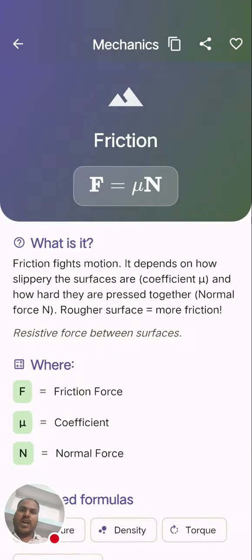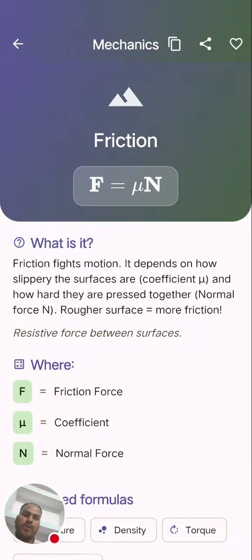Okay, let's start. The friction formula is F equal to mu N. Friction fights motion, which means it opposes the motion. It depends on how slippery the surface is, the coefficient, and how hard the surfaces are pressed together.